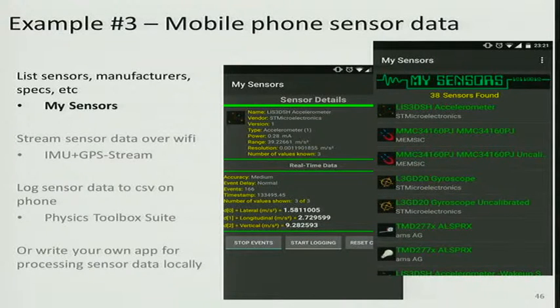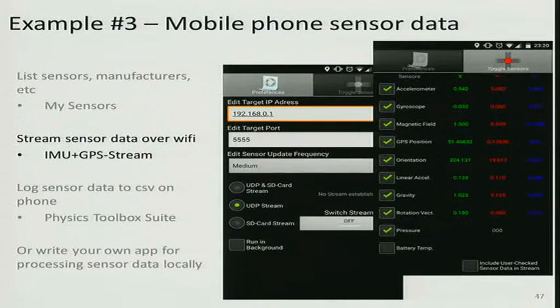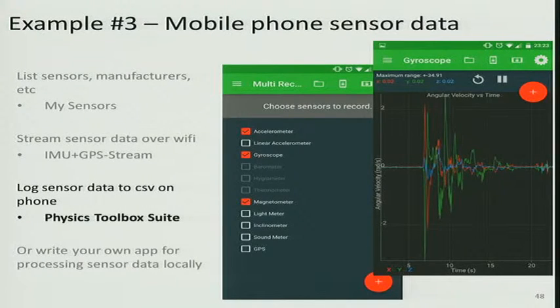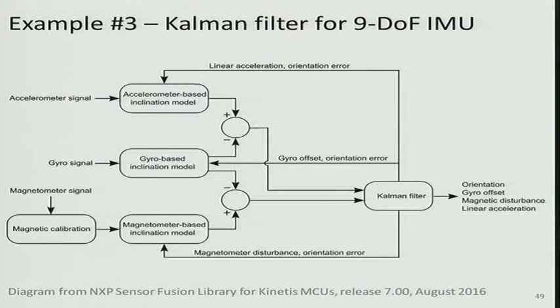Here is a third example, which, if you don't have a micro:bit, is another way to get sensor data from an Android phone. Here's a couple of programs that you can use to see what the sensors are, to stream the data over Wi-Fi, or to capture them locally to a CSV file, and then you can analyze that.